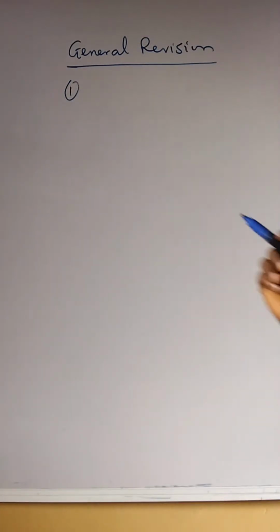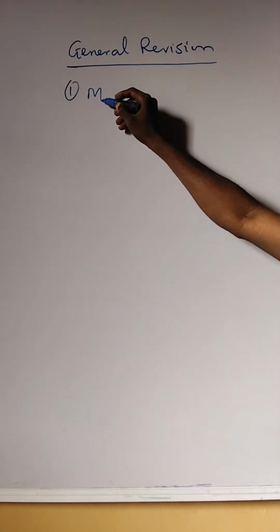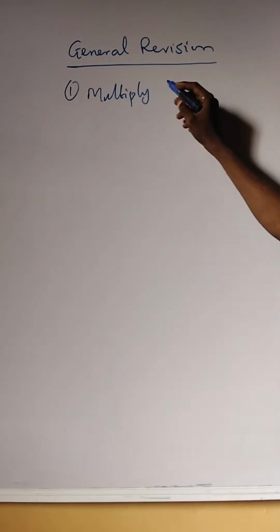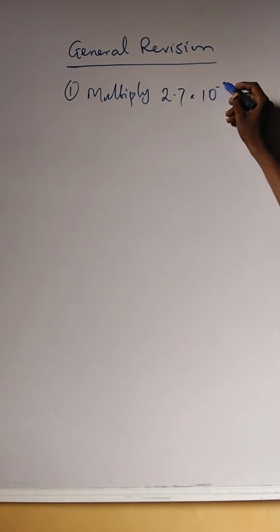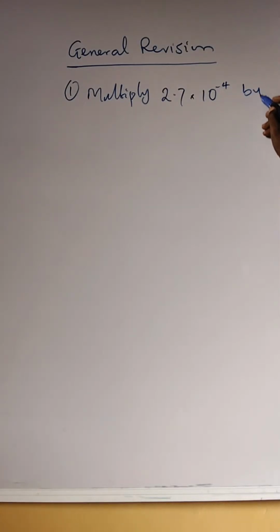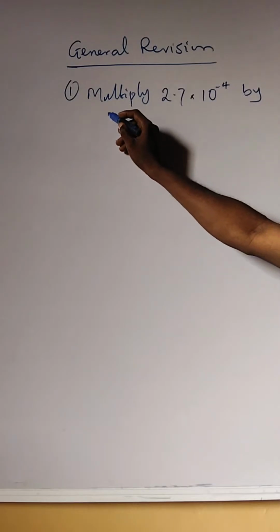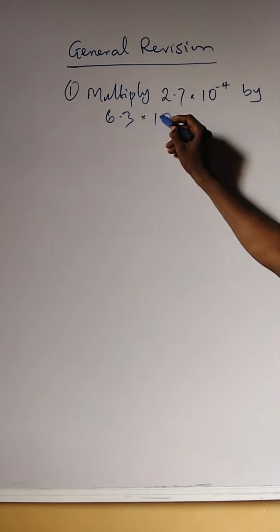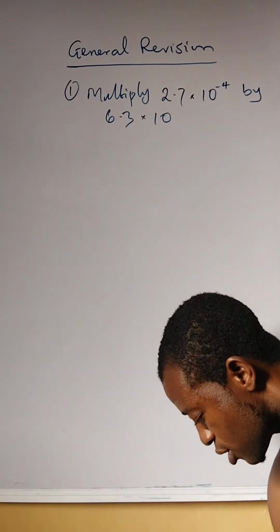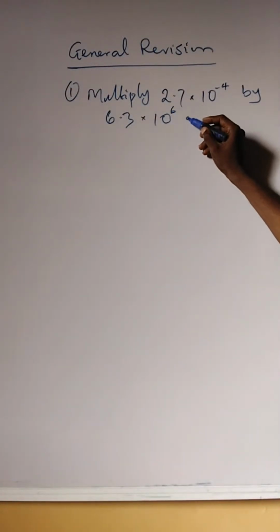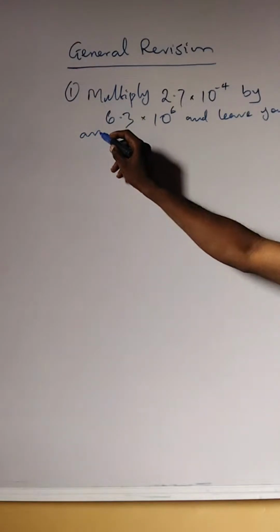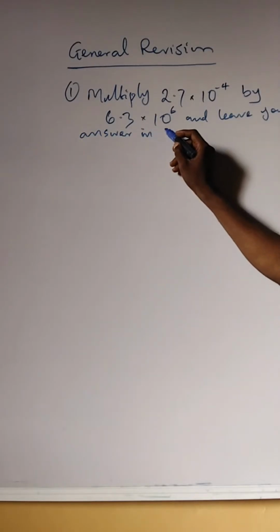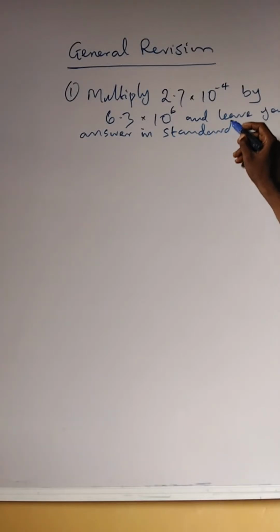Number one, we have: multiply 2.7 times 10 raised to the power minus 4 by 6.3 times 10 raised to the power 6, and leave your answer in standard form.